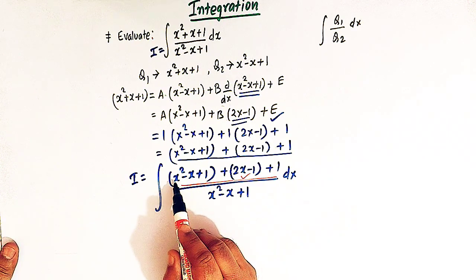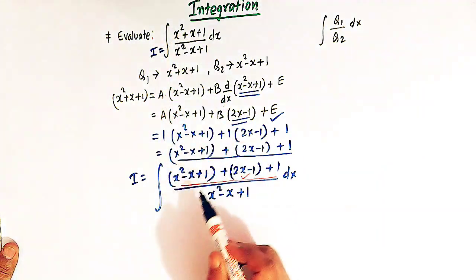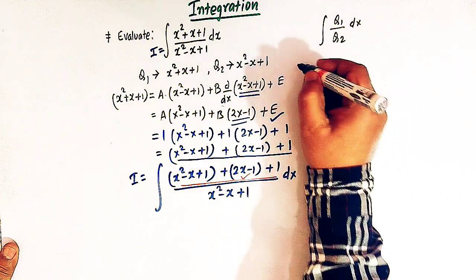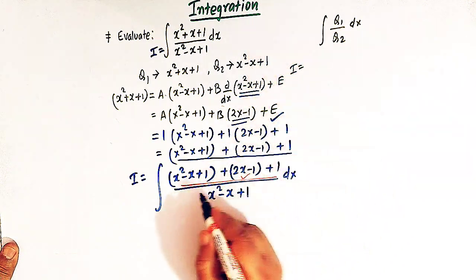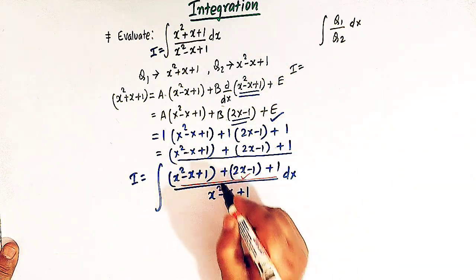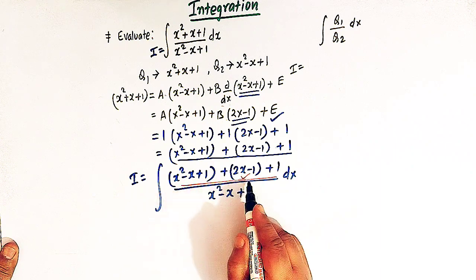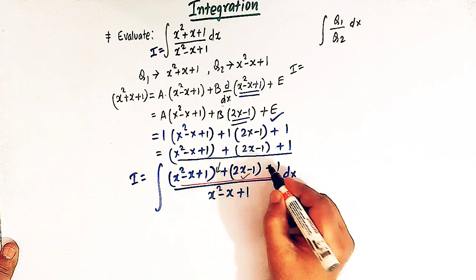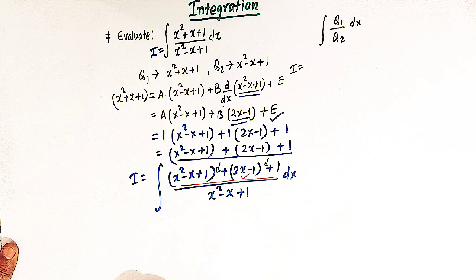So now we have expressed this numerator like this. So we can now express this integral as a sum of three integrals by splitting this integral at this point and at this point, right?